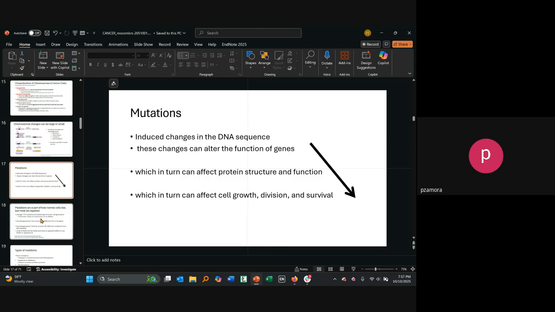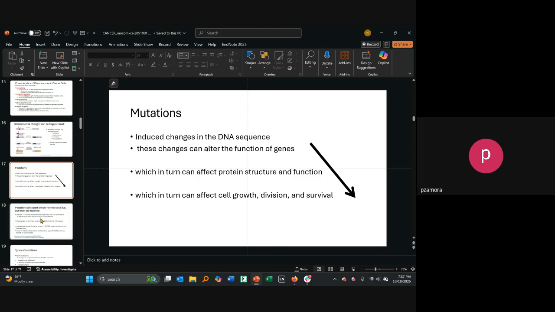We're going to switch gears and go on to mutations. Mutations are induced changes in the DNA sequence. These types of changes can alter DNA function. They can alter the function of genes. That alteration in the function of genes, in turn, can affect and change protein structure and its function.